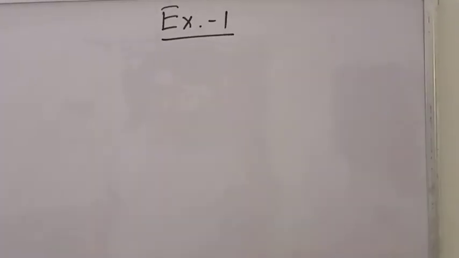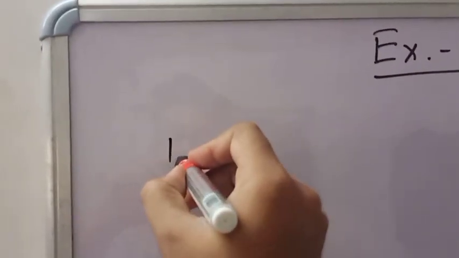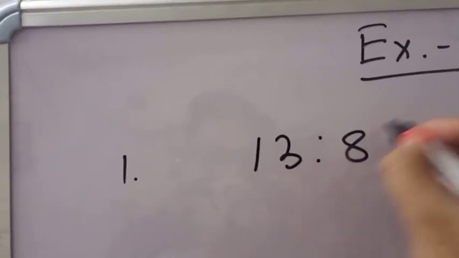Now, we are going to discuss the exercise. Number 1, find the first term, second term, antecedent and consequent in the given ratios. So I am discussing 13:8.